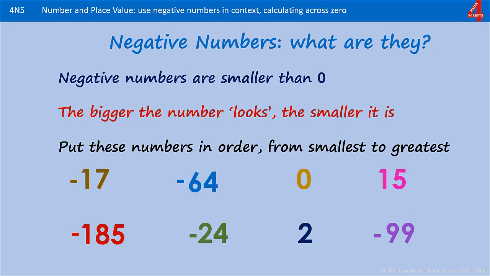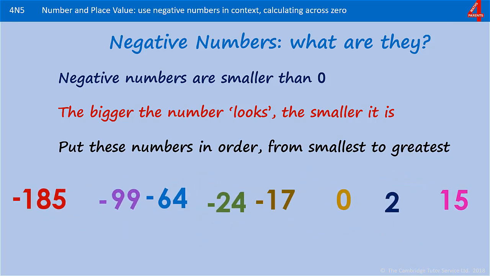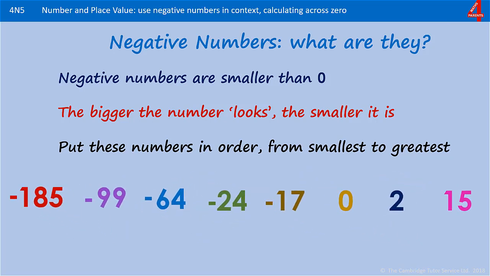Here's another one for you to try. This is a little more challenging because I've included some numbers that aren't negative. Put them in order from smallest to biggest. Pause the video, have a go. Minus 185 is the smallest one.